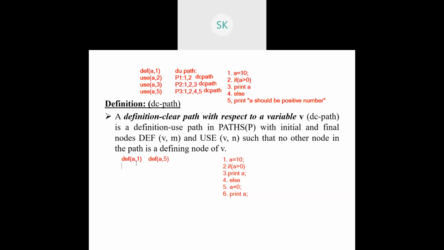The next one is the usage nodes. The variable is used in the second node as well as the third node. A variable should be written first, followed by the node number. The third usage happens in the else part at the sixth statement, A comma 6.